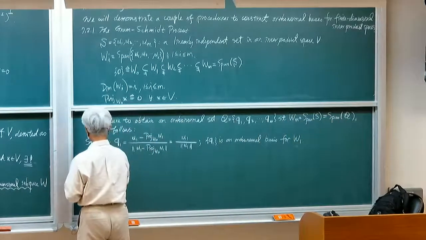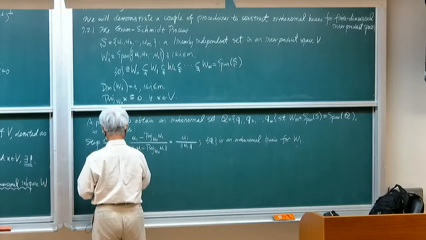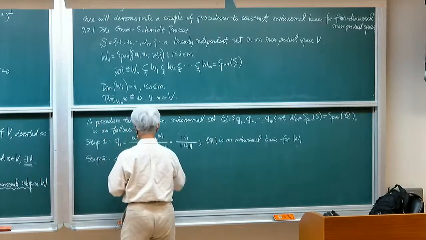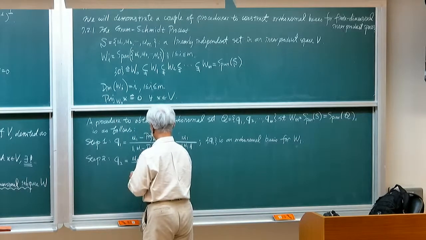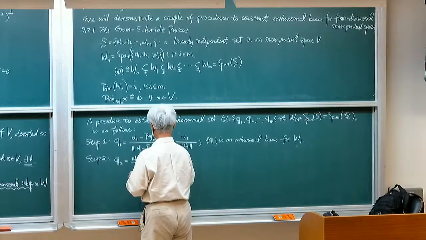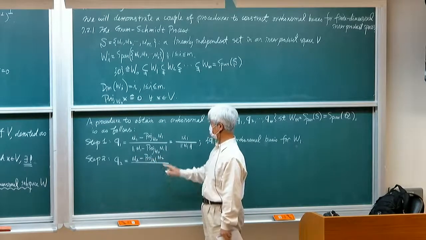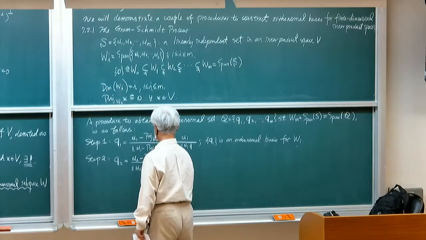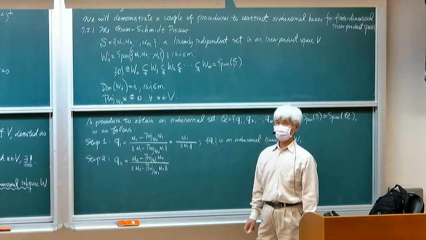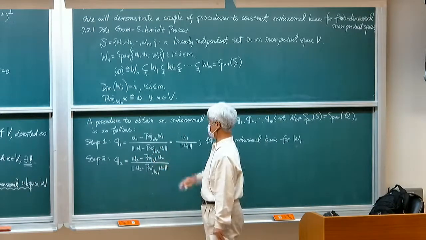And how about step 2? In step 2 we construct Q2 using U2, all right? And then we subtract its projection to W1, and so we do the normalization. So we eliminate the component which is projected to W1.